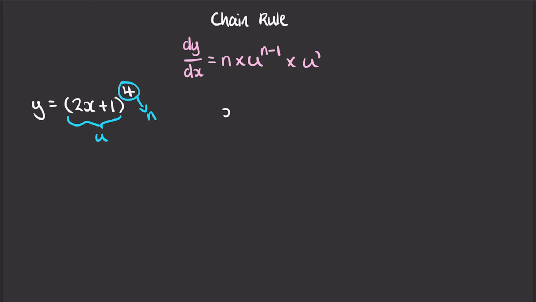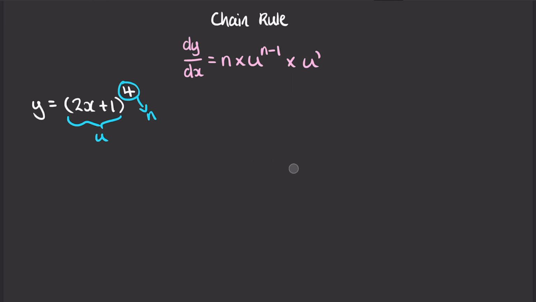But if it's something like 2x minus 7 all squared, like what we've got here, you can't really differentiate this one by one unless you expand the brackets, simplify it, and then differentiate all those variables one by one.